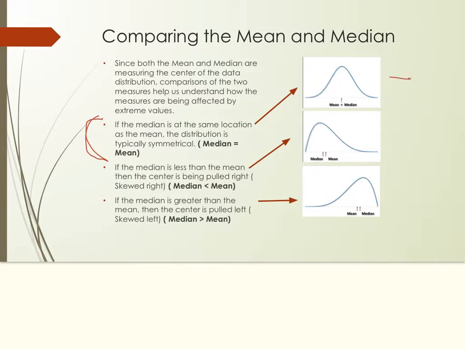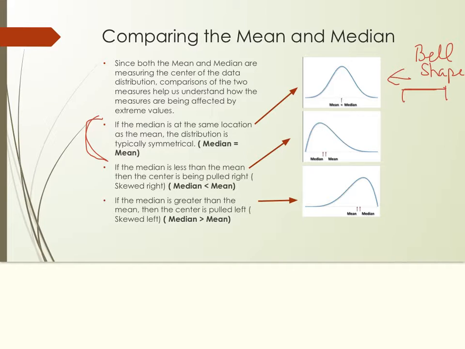Here we have a symmetrical distribution, which is our bell-shaped curve, and sometimes we call it the normal curve. But it's also possible that our symmetric distribution is more uniform, just kind of like a straight line. This is called a uniform distribution, and it's also symmetrical.